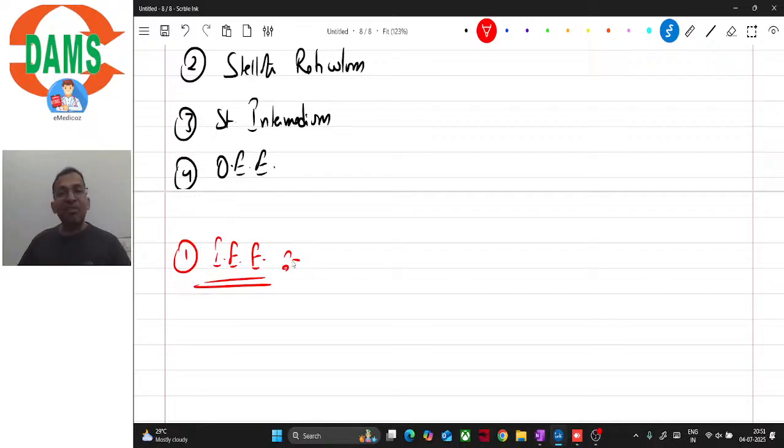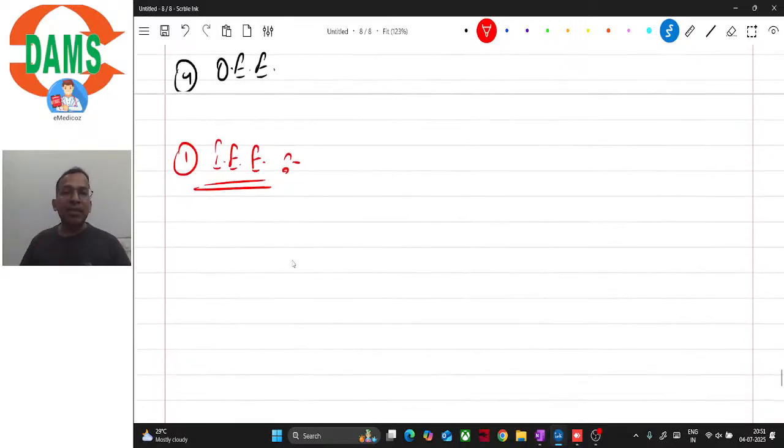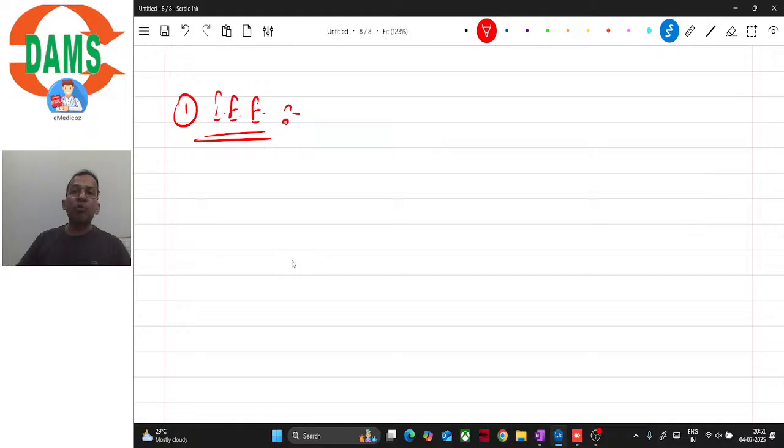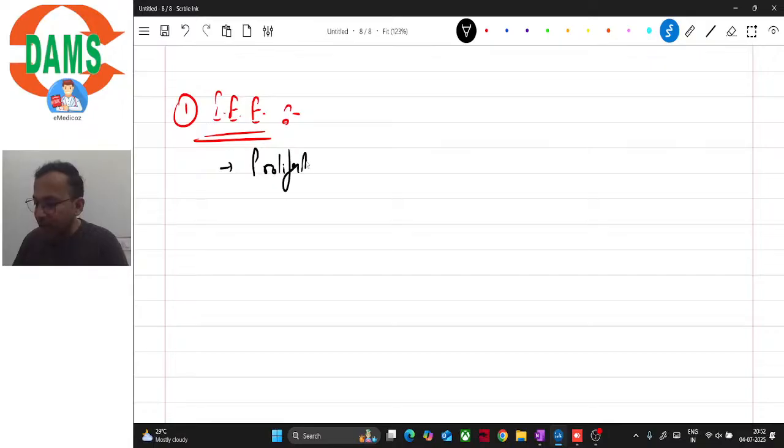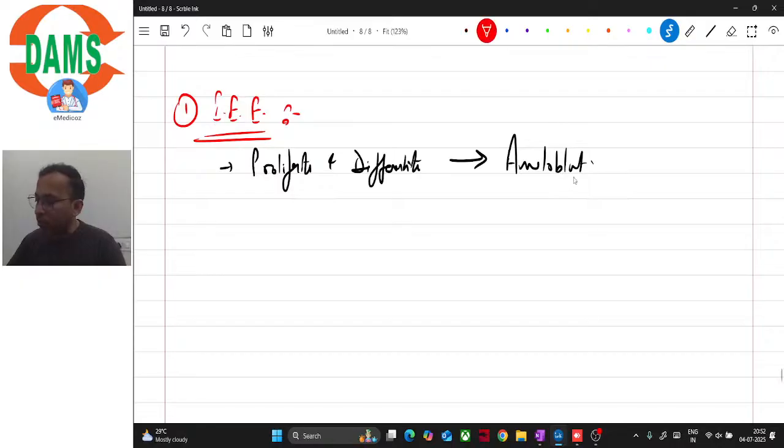We already have studied about inner enamel epithelial cells when we discussed amelogenesis. So what does the inner enamel epithelial cell do? They will proliferate and differentiate to form ameloblasts. And what is the role of ameloblasts?